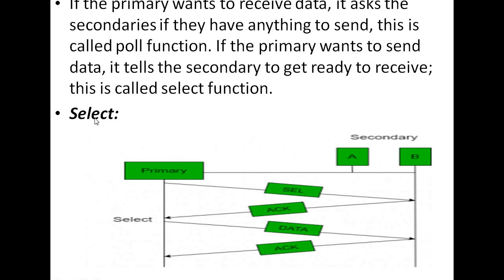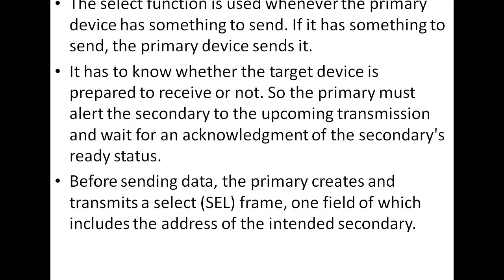So we may go through the notes. Here are the notes. The select function is used whenever the primary device has something to send. It has to know whether the target device is prepared to receive or not.